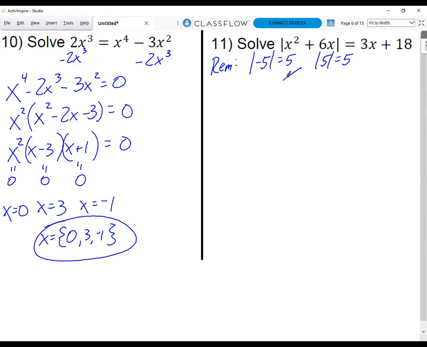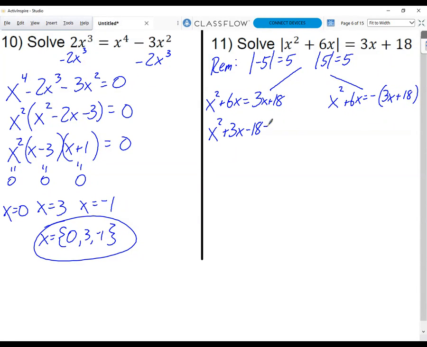So I'm going to draw my arching tree. We have x squared plus 6x equals 3x plus 18, and x squared plus 6x, and I'm going to do it the long way, equals negative 3x plus 18. When we solve this one on the left, subtract your 3x from both sides, so you get x squared plus 3x minus 18 equals 0.